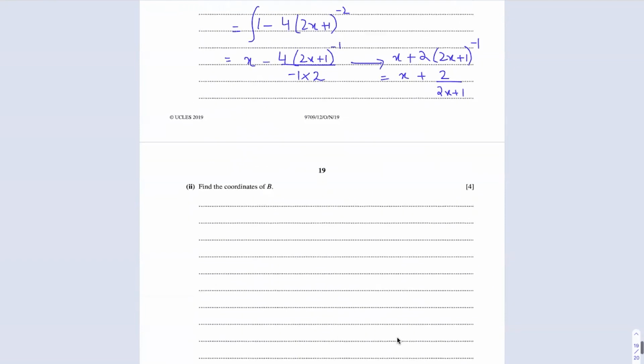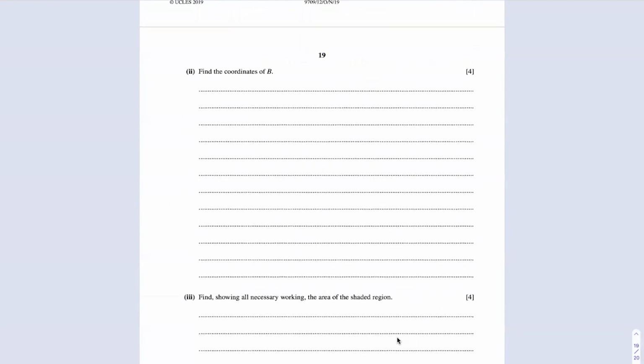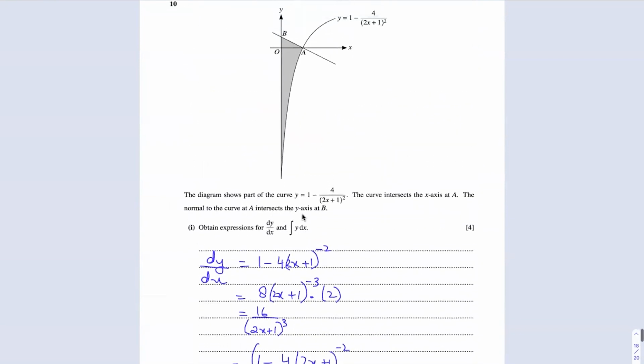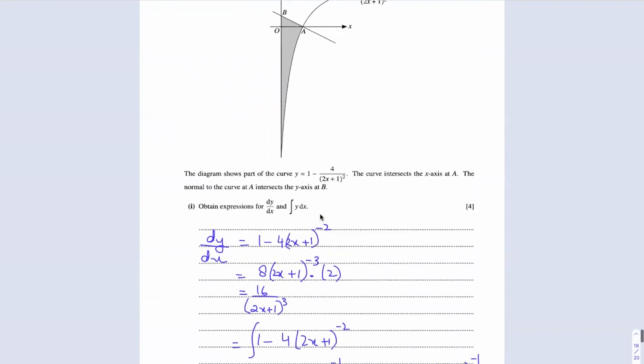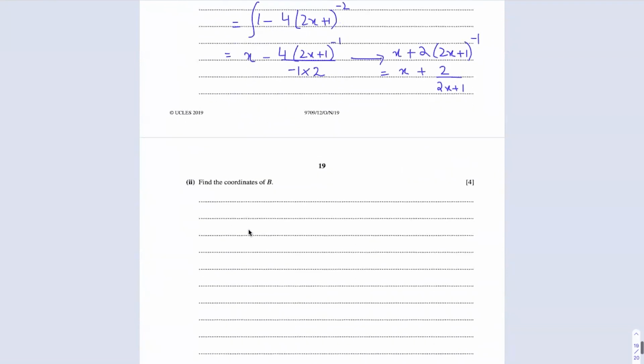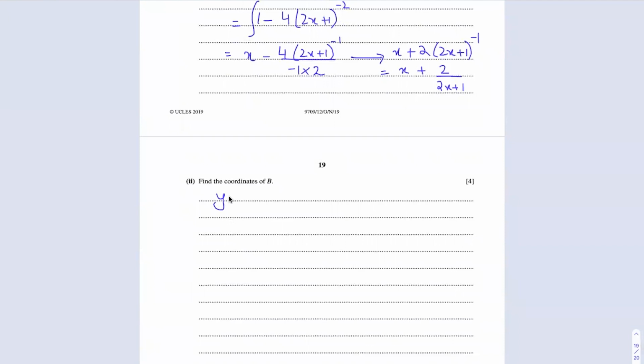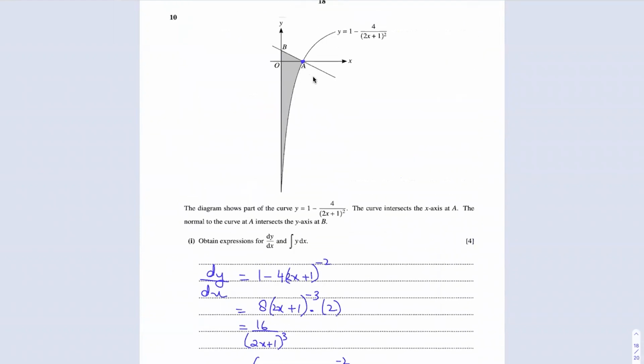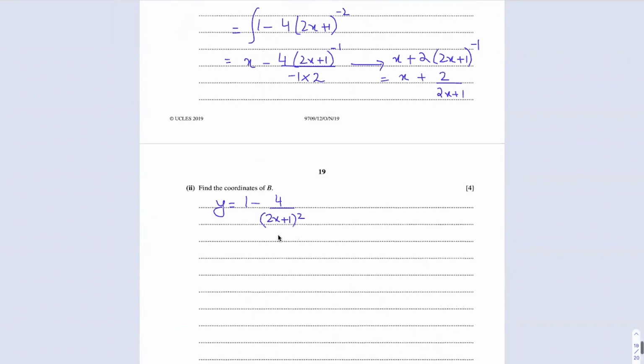In part 2, it says find the coordinates of B. We know that the normal to the curve at A intersects the y-axis at B. So the equation is y equals 1 minus 4 upon (2x plus 1) whole squared. We know that A is the point which is on the x-axis, so at this point the y coordinate will be 0.